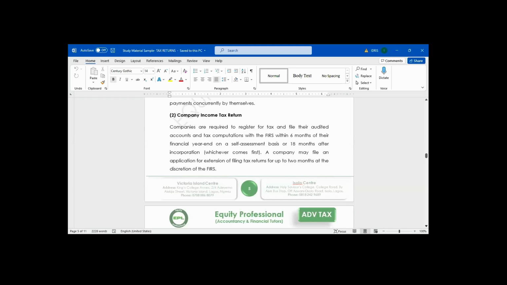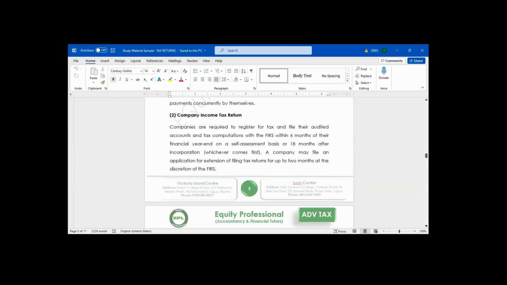This return is filed within 6 months after what? After the end of the year. Why? For a new company, this return must be filed within the first 18 months from the date of commencement of business. I'm talking of company return.